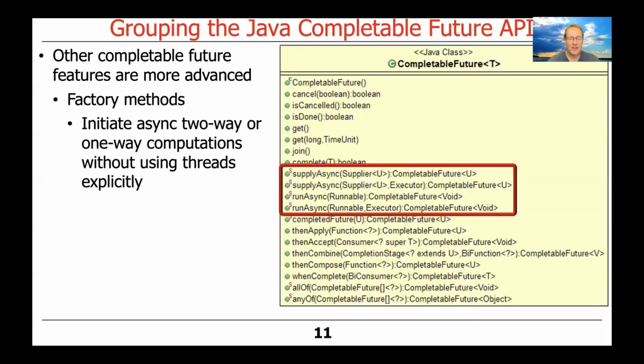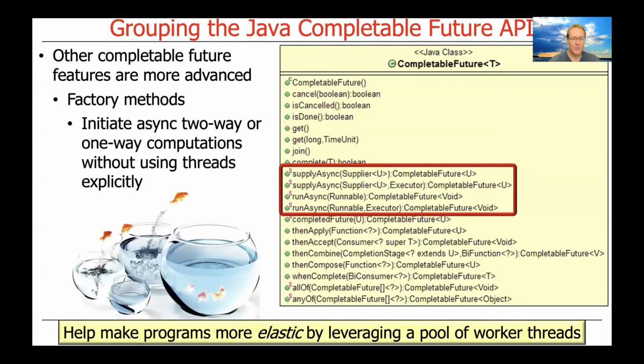What's cool about these methods, in addition to the fact that they integrate with everything else in the Completable Futures framework, is that they all work without having to spawn threads explicitly. When you use these factory methods, they will use some kind of thread pool, either the common fork-join pool, which is what they do by default, or you can give them your own pool.